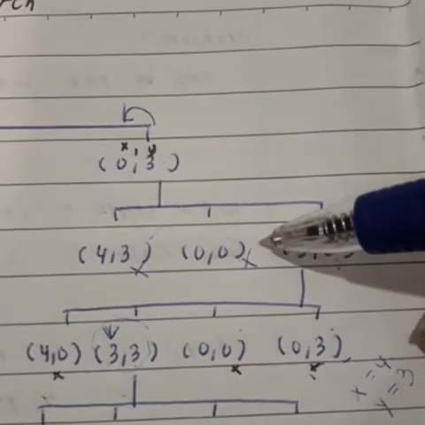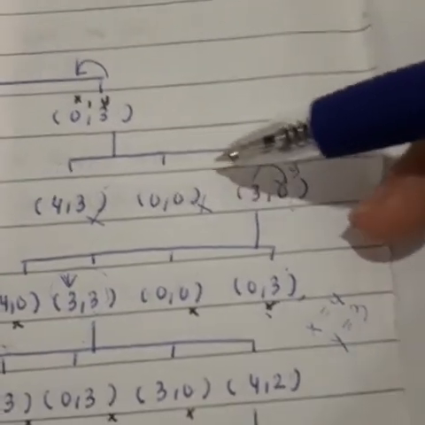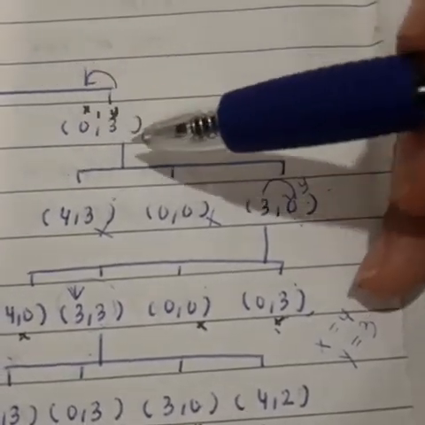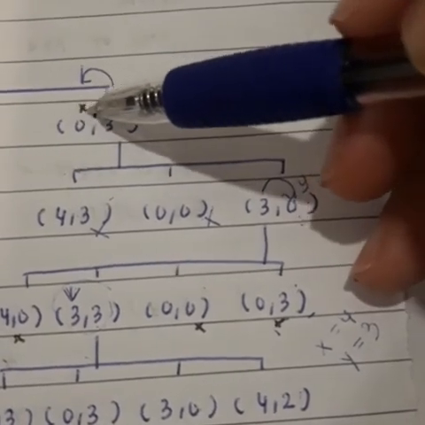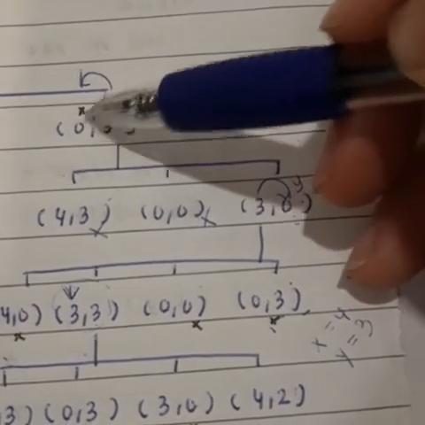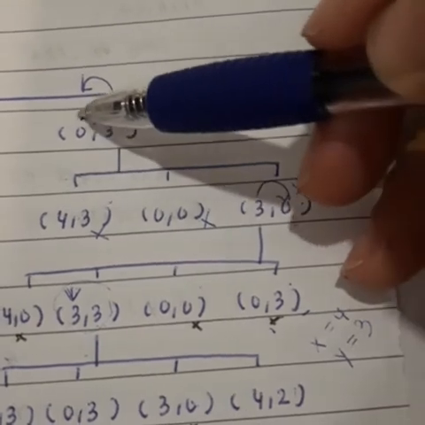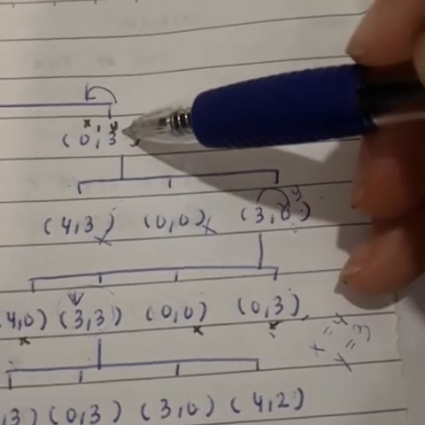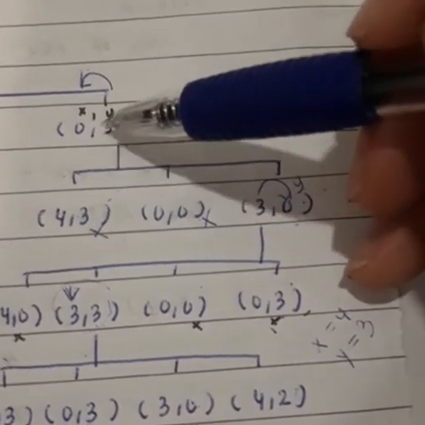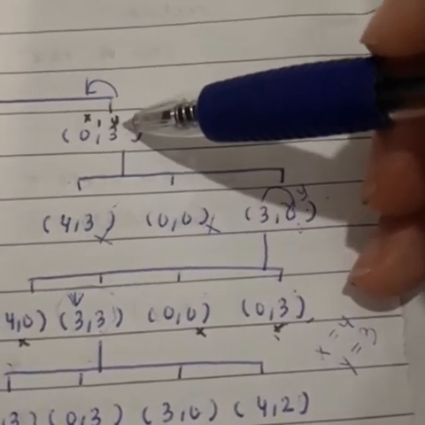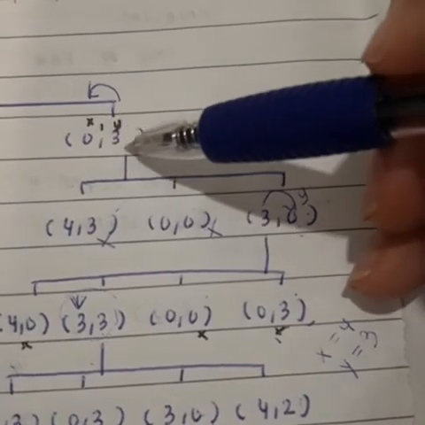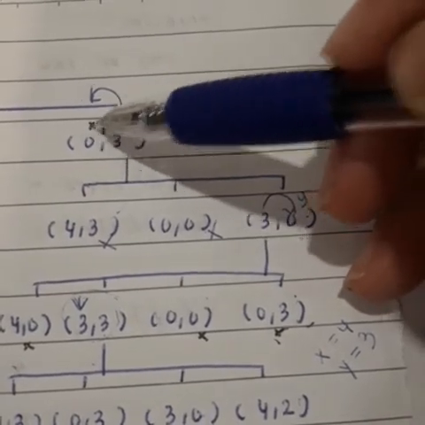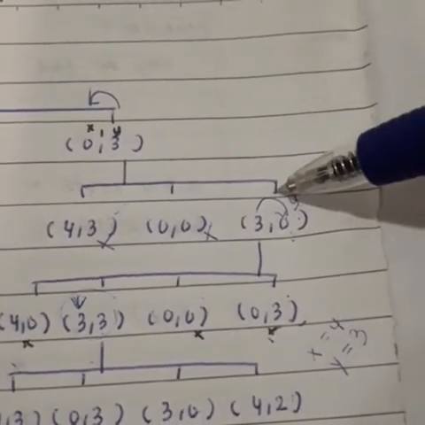Now we need to transfer the water from y to x, because x just has 0. The maximum for x is 4, but y only has 3. That is why y transfers all 3 to x, alright? That's why we get 3, 0.